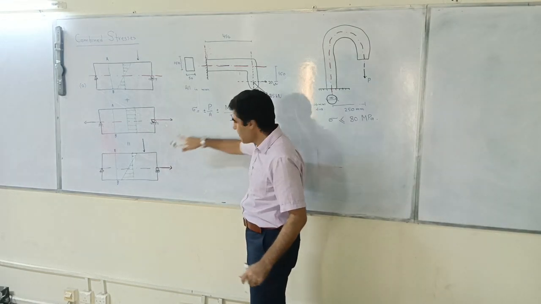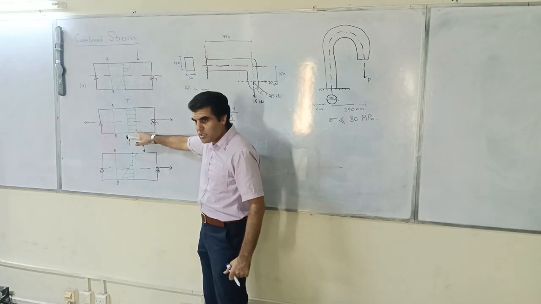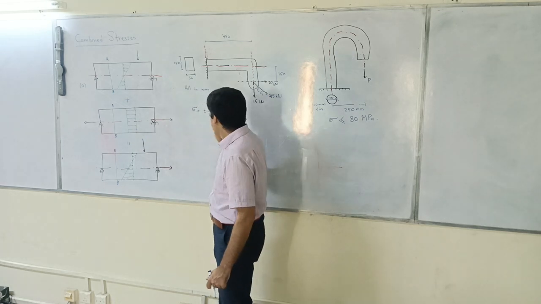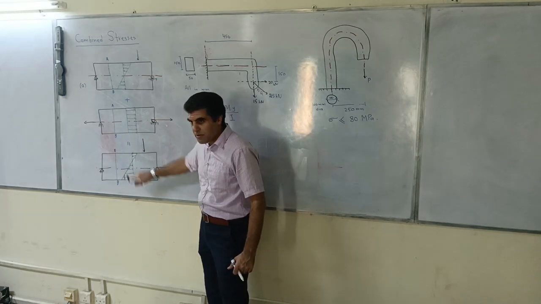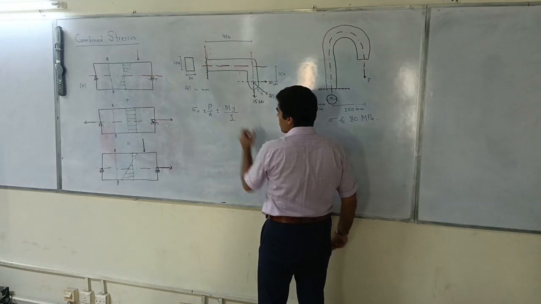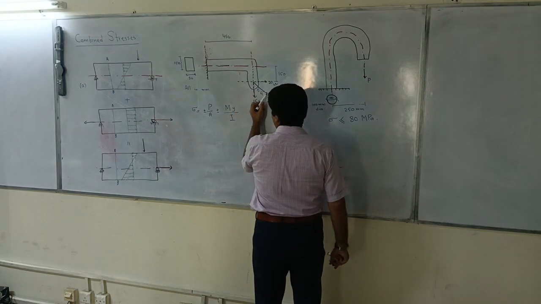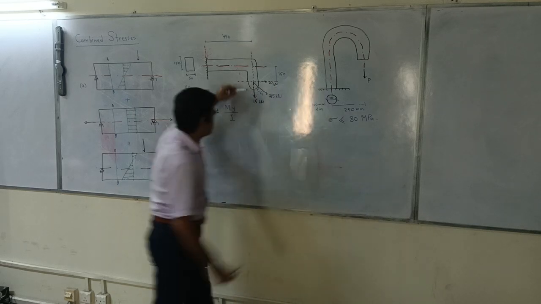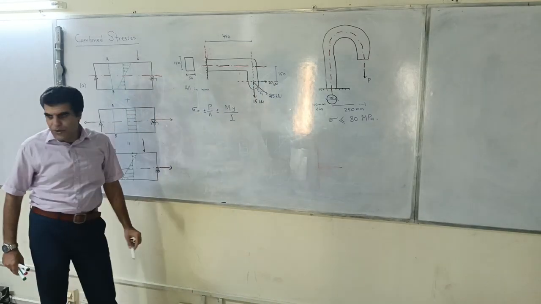We have got P by A, stress due to axial forces, and M y over I, which is the flexural stress. In here also, this 25 kilonewton can be decomposed into 15 kilonewton and 20 kilonewton.